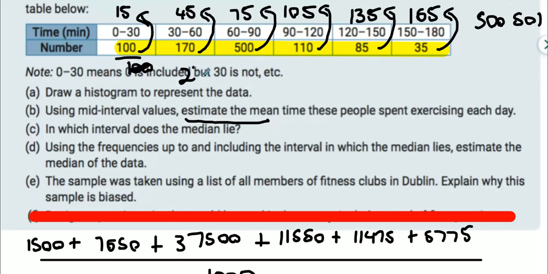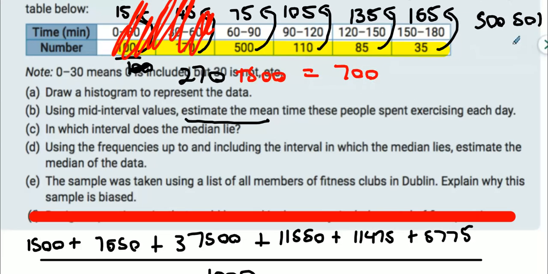The first 270 people are located in here. Add 500 to 270. Do you notice that we passed 500 and 501? That must mean they're located in that section there. So that means the answer is 60 to 90.